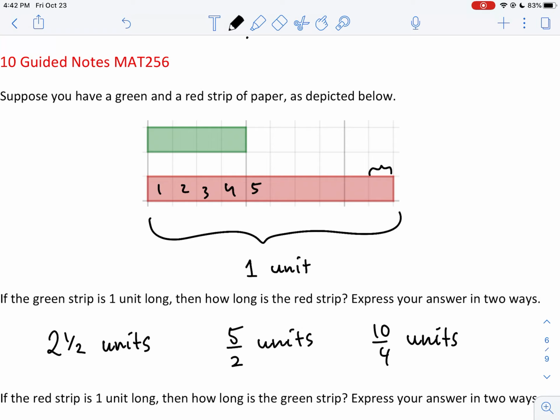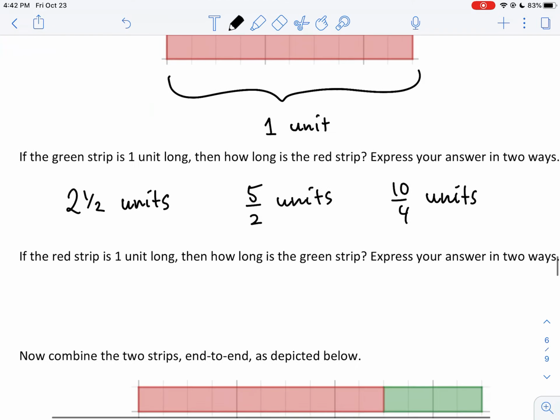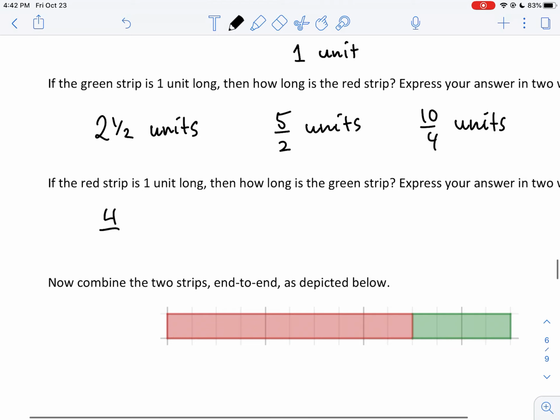Well, how many were in here? 1, 2, 3, 4, 5, 6, 7, 8, 9, 10. So each of those is 1/10, because 10 of them make the entire red. Therefore, you're going to have a 1/10, a second 1/10, a third 1/10, and a fourth 1/10 will be how long the green is. So the green will be 4/10.